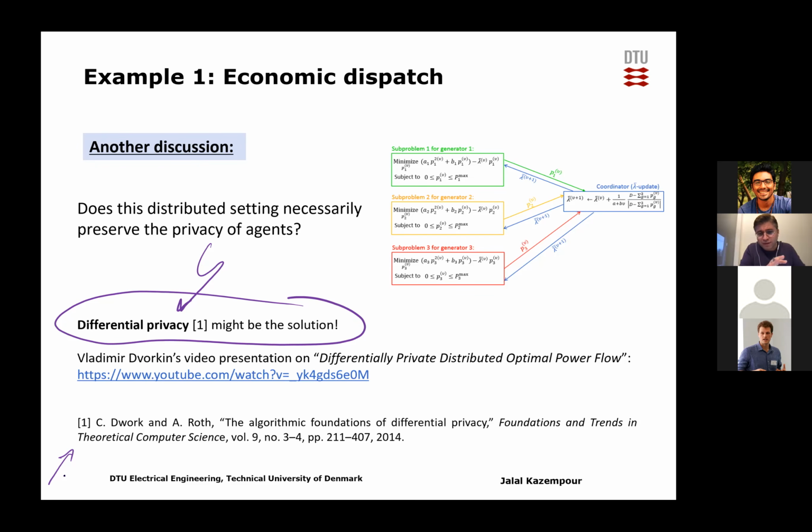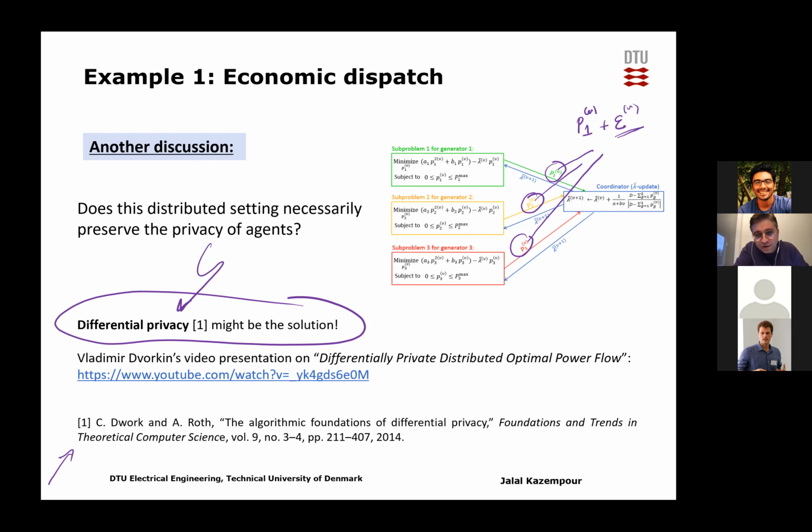What you can do, in a very simple description, is that the generators, that's the first approach, can share not their exact response, but with some noise. So let's say that instead of sending P1 in iteration nu, maybe we can send P1 plus epsilon, where epsilon is a noise, but not a random noise. It should be designed properly from a properly designed distribution. And this epsilon could be dynamic, not static.